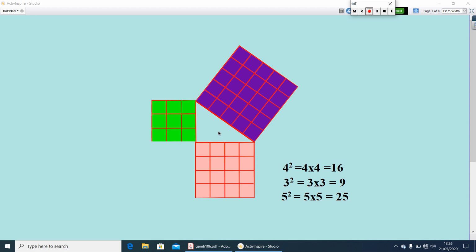If the sides of a triangle are given, to check whether they are sides of a right angled triangle, you find the squares, and if the sum of the squares of two sides is equal to the square of the third side, then you can say that the triangle is a right angled triangle.